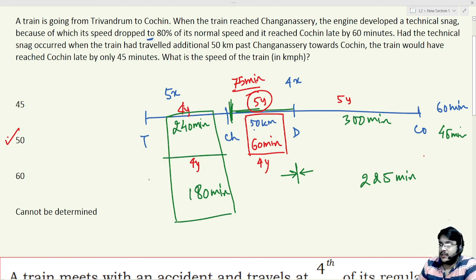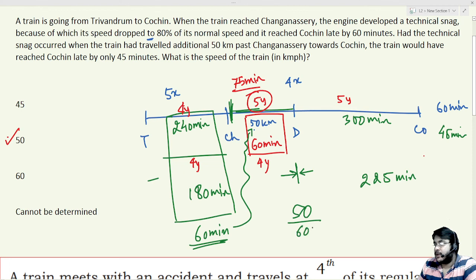The regular speed will be the difference of these two. 240 minus 180 is 60 minutes, and this 60 minutes is what the train will travel in these 50 kilometers. Okay, so the speed again will come out to be 50 upon 60 by 60, 60, 60 cut, that will be 50 kilometers per hour.